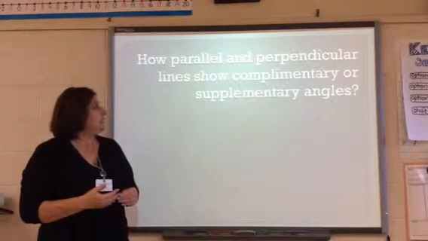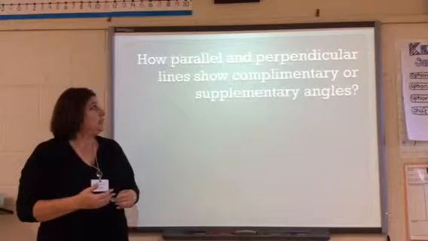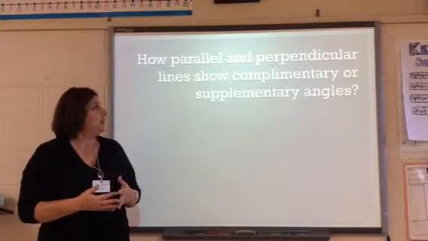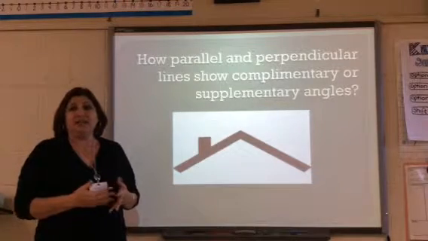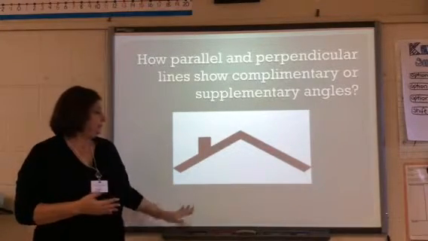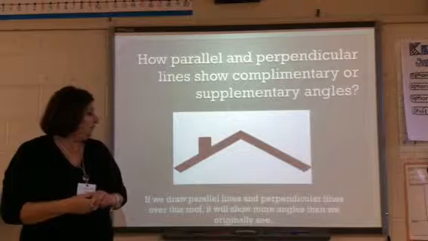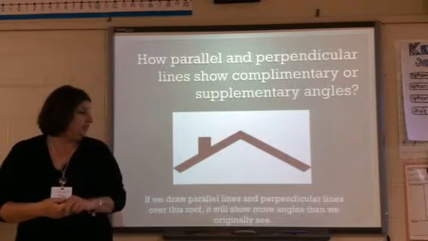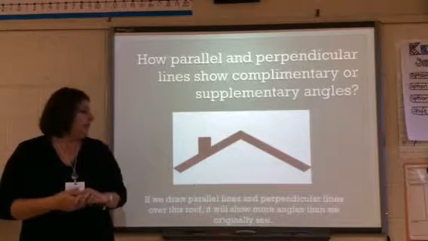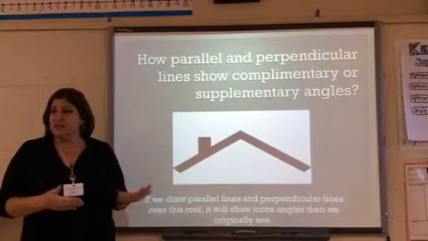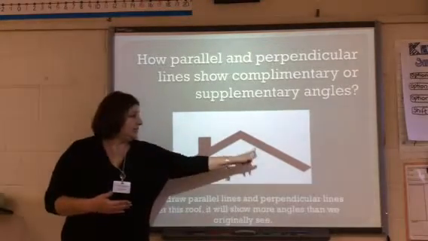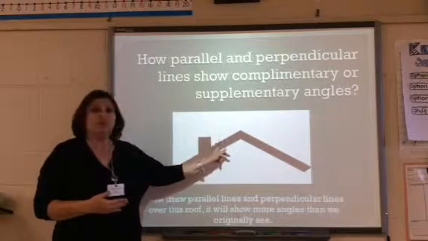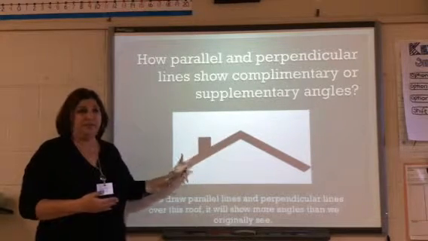How do parallel and perpendicular lines show complementary or supplementary angles? Well, let's take a look at what we're talking about. We have a roof. If we draw parallel and perpendicular lines over this roof, it's going to show some angle measures that we don't already see. Looking at it right now, I can see an angle where the chimney and the roof meet.